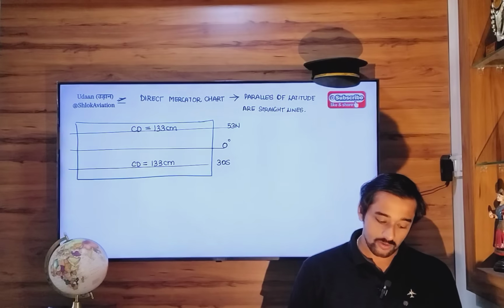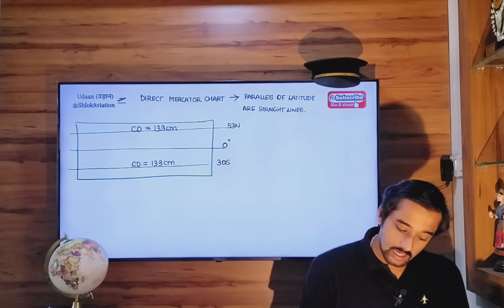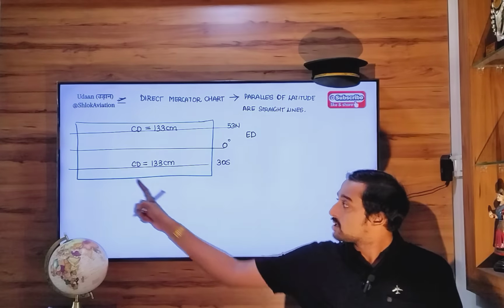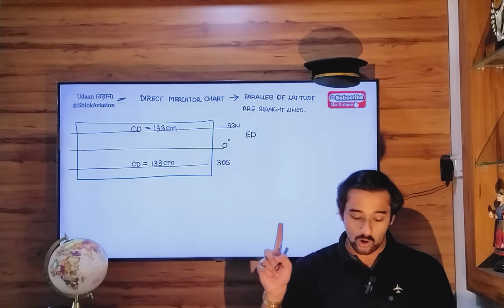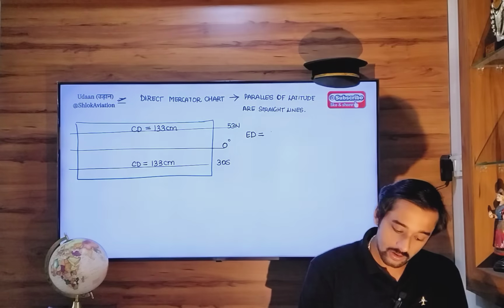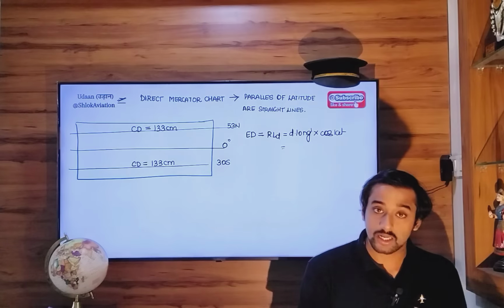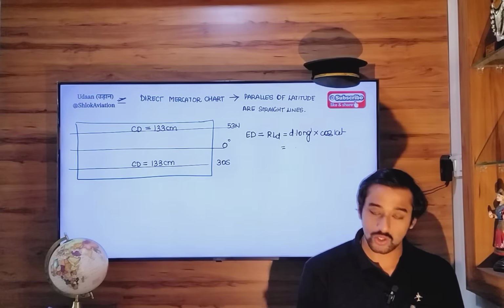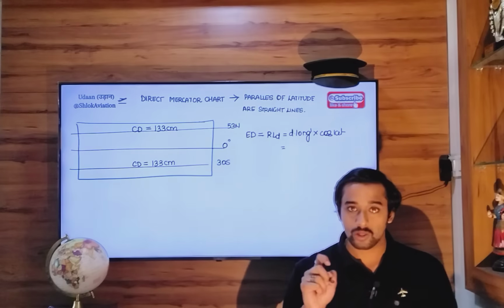Earth distance. Now what will be the earth distance at 53 degree north or 30 degrees south? Earth distance is nothing but the rhumb line distance, the entire rhumb line distance of 30 degrees south latitude. So it will be equal to rhumb line distance, d long into cos lat. Now rhumb line distance at 30 degrees south latitude is d long. So you encircle the whole earth at 30 degrees south latitude.